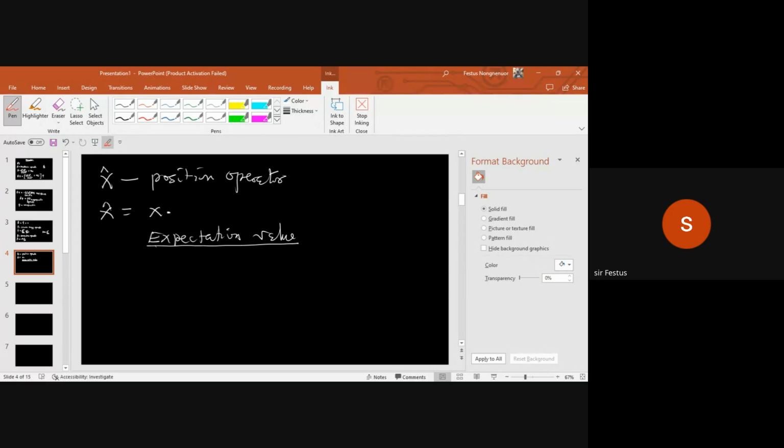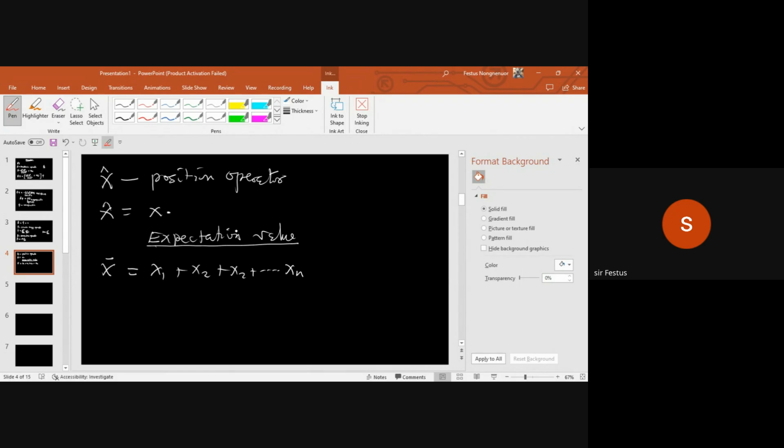Okay, so since we know what it is, or based on the explanation, we can write it. X bar is the expectation value, and this can be defined as the sum of x. So let's say we have x1 plus x2 plus x3 up to the number of throws that you have.